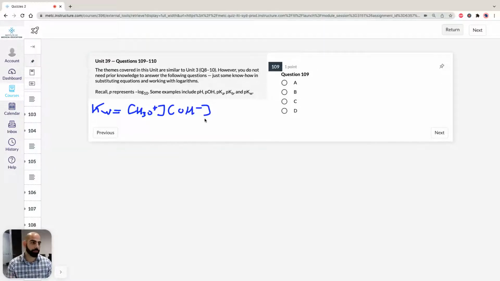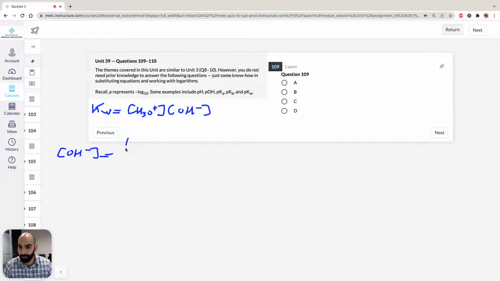How about we just solve it for the hydroxide ion concentration? We can represent this formula as hydroxide ion concentration equals Kw divided by hydronium ion concentration.